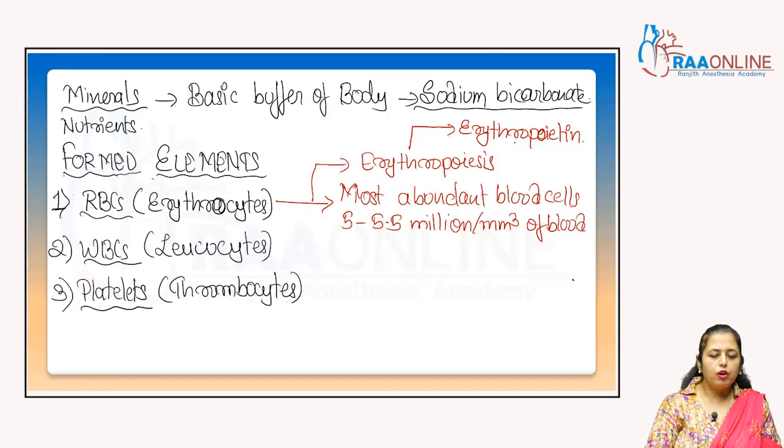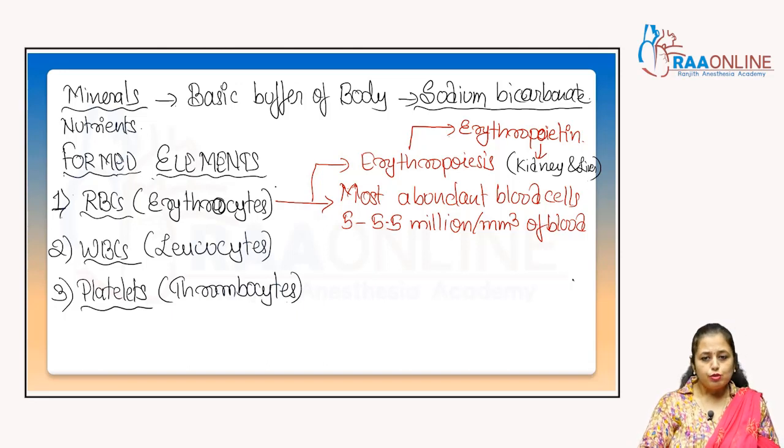That erythropoietin hormone is secreted by the kidney, mainly 85%, and the liver, 15%, clear? So in RBCs, all these things.